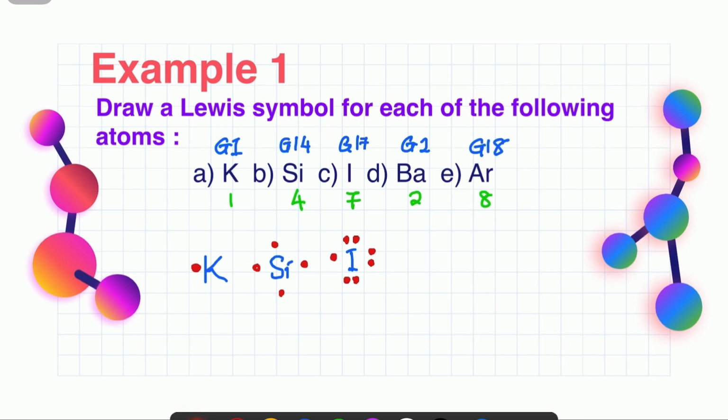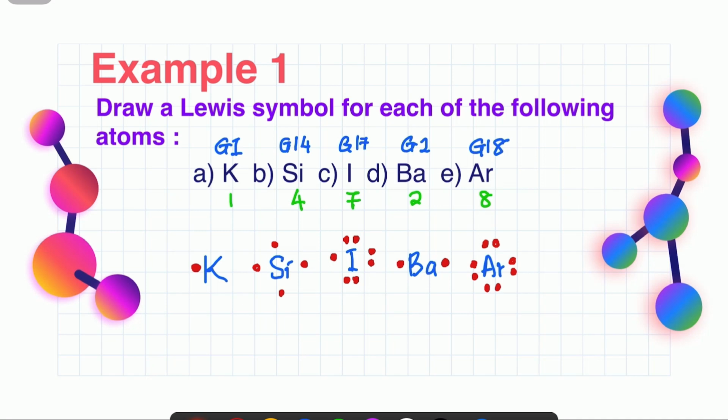Next, barium. Barium has 2 electrons. So I put 1 here, another one here. And argon has 8 electrons. Same as iodine, I start with one side. For example, I start here: 1, 2, 3, 4, 5, 6, 7, and 8.